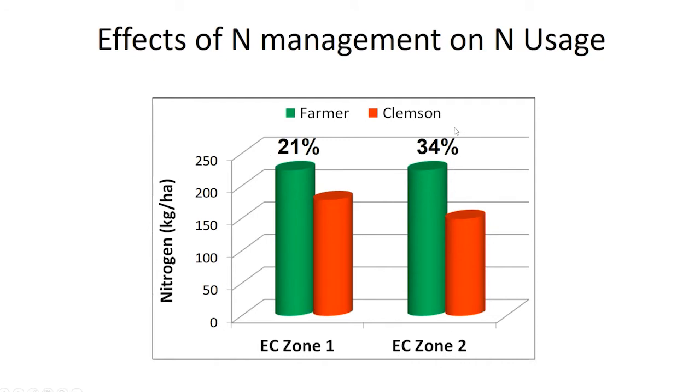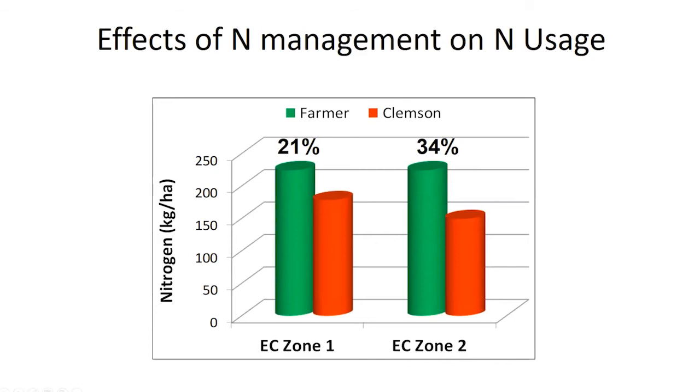This 34% belongs to the area with lighter soil but higher potential, like sandy loam. Sandy loam, at the beginning, would show you lower NDVI, and you would think you can apply more nitrogen. But later, it would show you the potential.